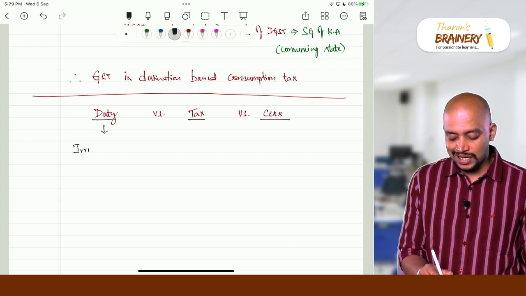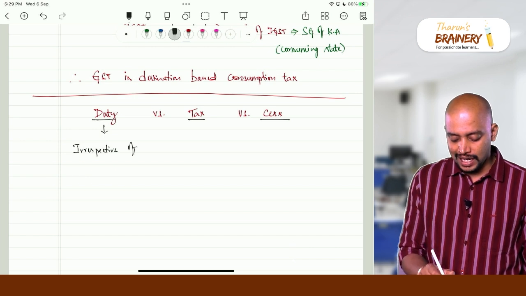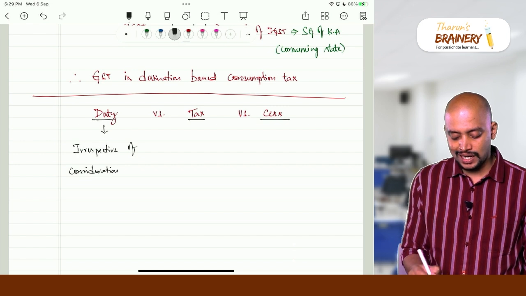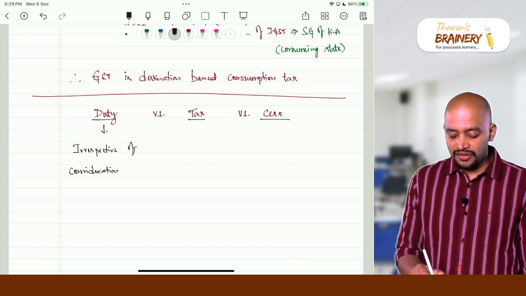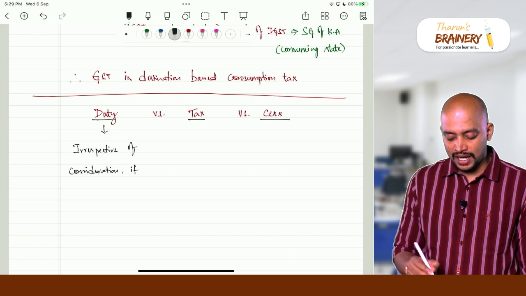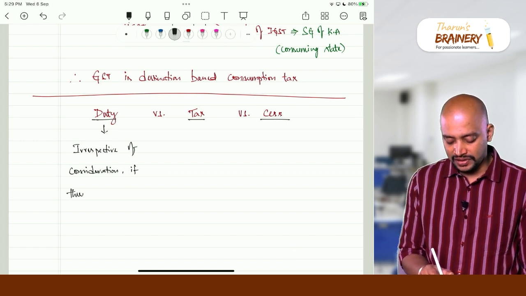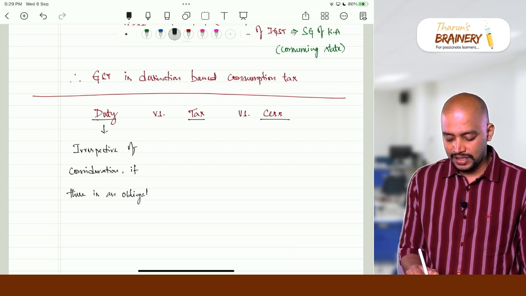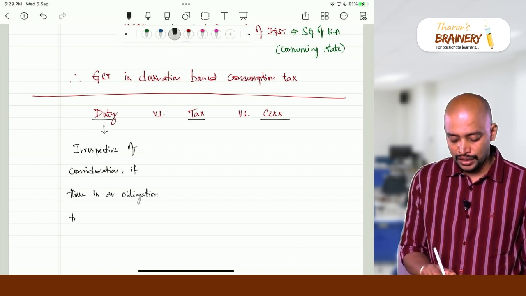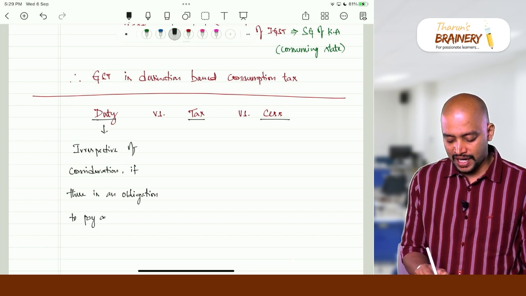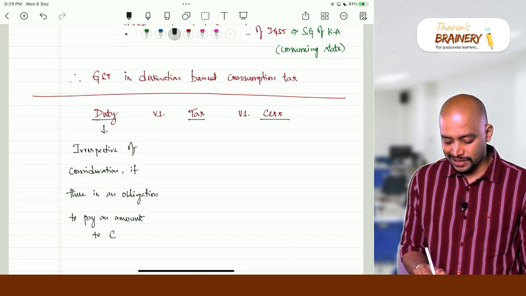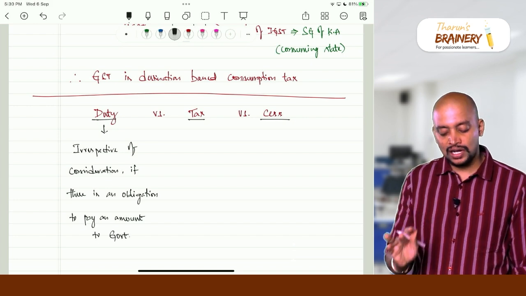Irrespective of consideration involved in the transaction, if there is an obligation to pay an amount to the government, then it will be called duty.